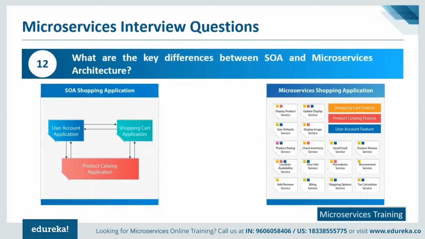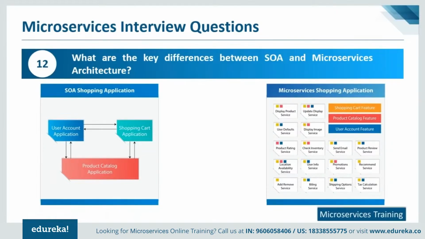And there you go, we have the same question, that is, what are the key differences between SOA and microservices? To be honest, there are quite a few differences. That means the approach is very different. When you talk about SOA, they focus on sharing almost everything with other modules. But when you talk about microservices, here the aim is to share as little as possible. So the approach is completely different.